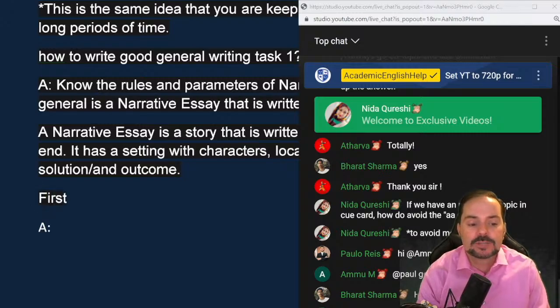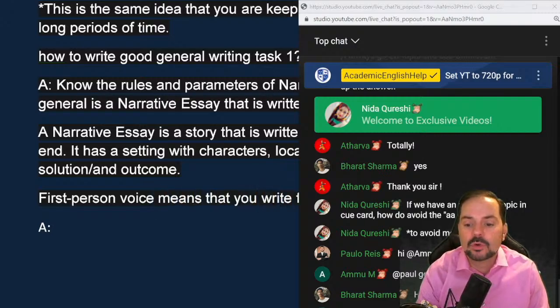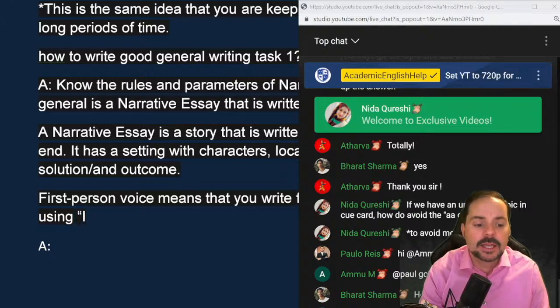And then, of course, you see the first person here. First person voice means that you write from your subjective perspective, using I, me, my, myself.